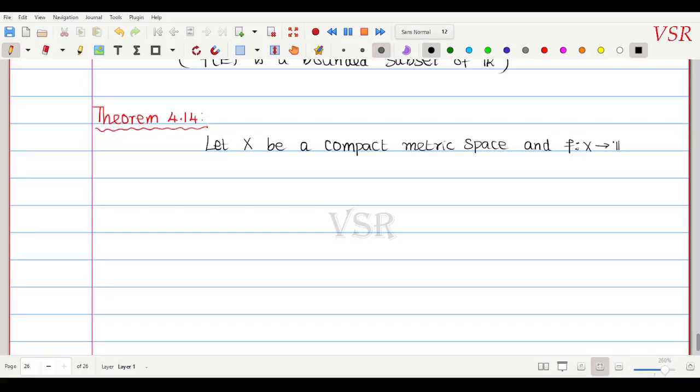Okay, it's a compact metric space and f is a function from X to Y. இல்லனா வேற மாதிரி இருக்கும், let me rewrite that statement again.